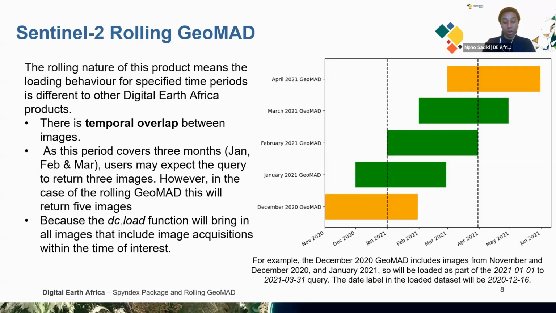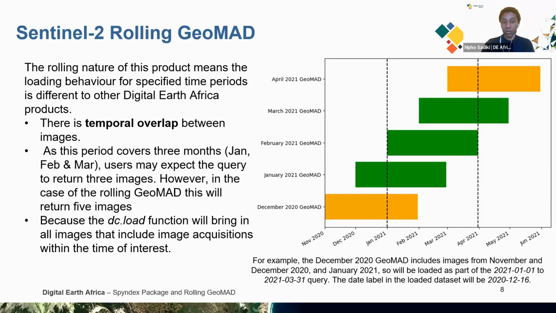But the interesting part about the rolling geomedian is that when you load it into the sandbox, it behaves a bit differently. If you're looking for a period of January to March, for instance, you would think that you would get 3 geomedians because it's January, February, and March. But the rolling geomedian has overlaps.